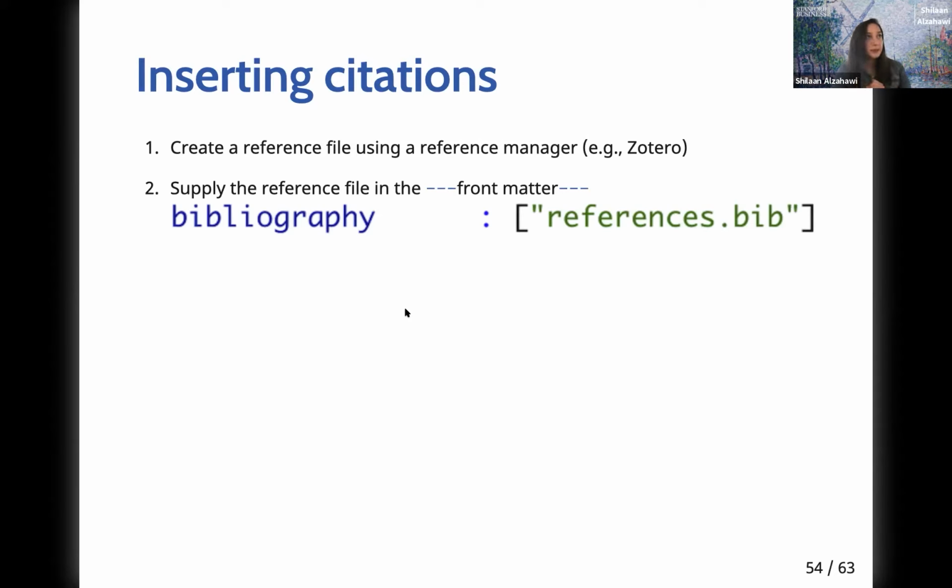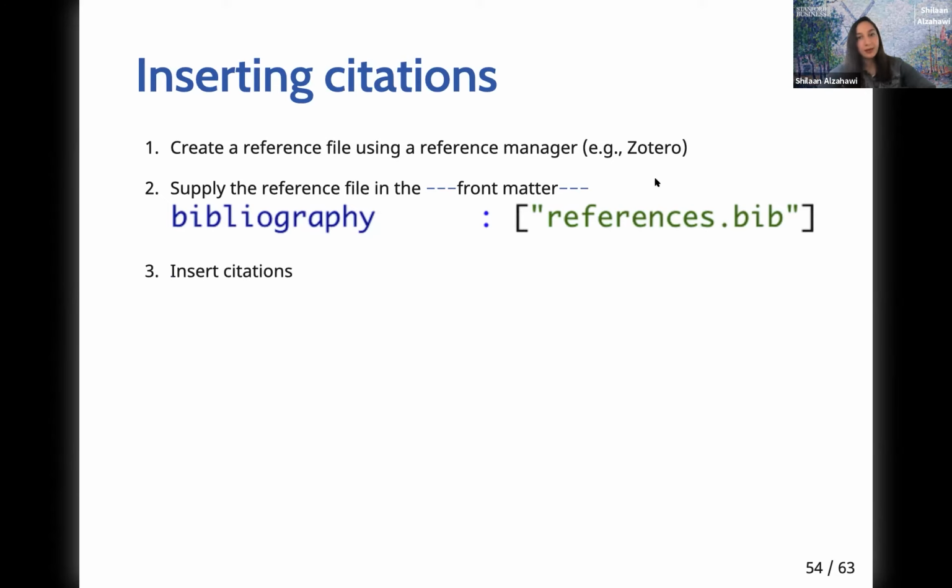In your front matter, which will already be in your APA template, you'll write bibliography, colon, and then between square brackets, you will refer to this file simply by writing out its name. It will always have a .bib extension, and you can choose your own name. Here I have a bib file called references.bib, and I refer to it in the front matter.